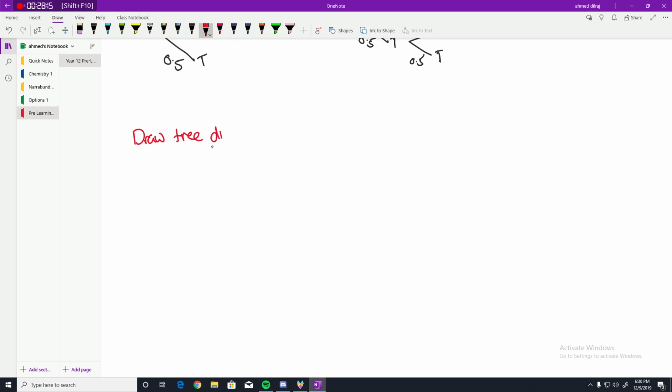Draw a tree diagram for two dice rolls. Okay, so two dice rolls, and remember, dice are six-sided, and it's a fair die. We're assuming that everything is fair here. It's six-sided, so it has possibilities 1, 2, 3, 4, 5, and 6. So I'll give you guys a minute to draw the tree diagram. Can you type a 1 when you're done?